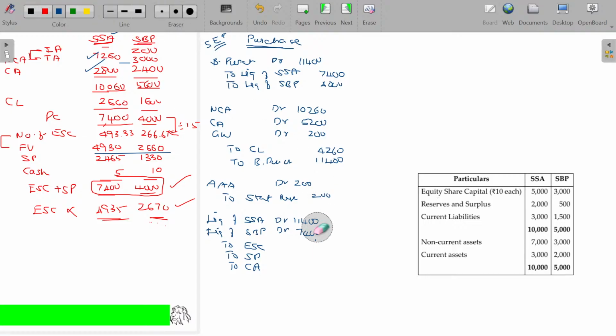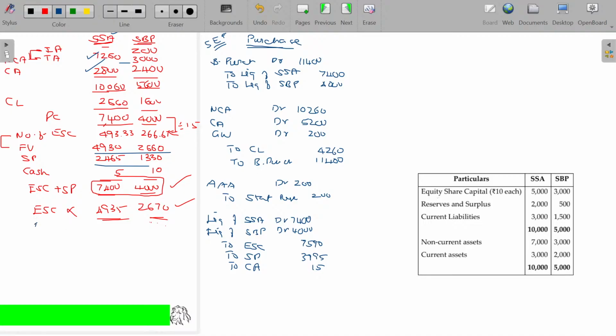Come on, get me the value for equity share capital. 7,590. Next one, securities premium 3,795, and current assets being 15 rupees for both.